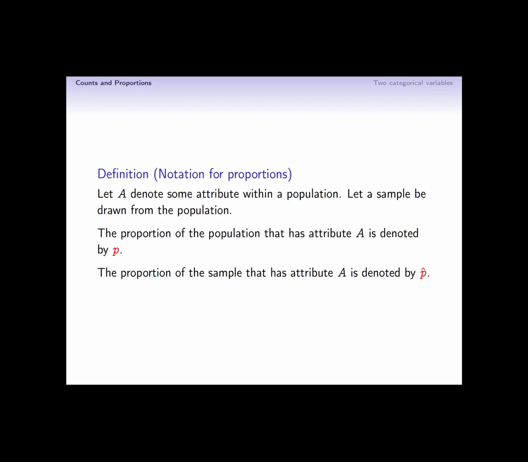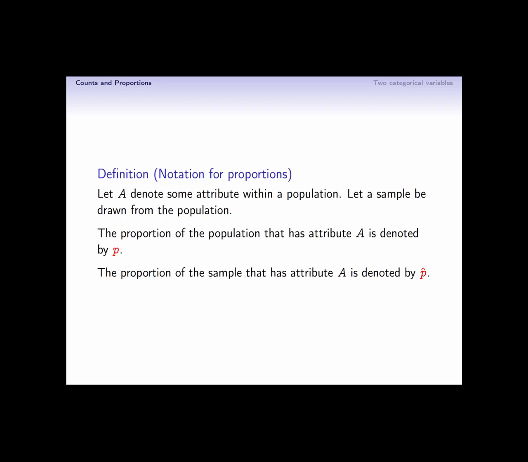All right, so let A denote some attribute within a population. You can think very broadly in that. So the attribute could be has blue eyes or has brown eyes or whatever. So there's some attribute within a population that you're interested in. Let a sample be drawn from the population.